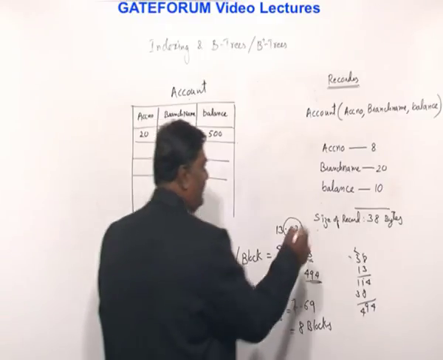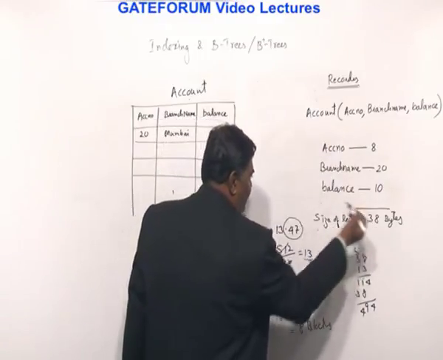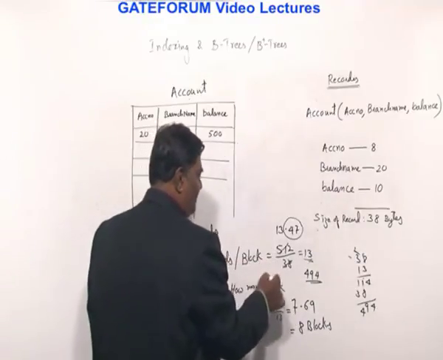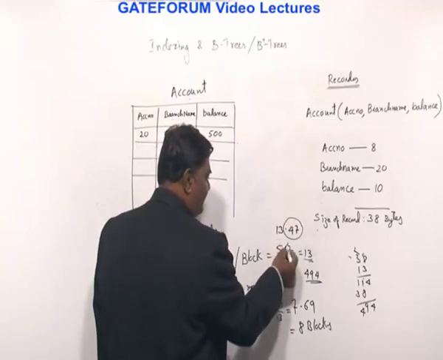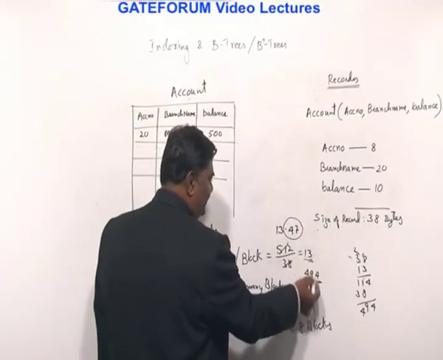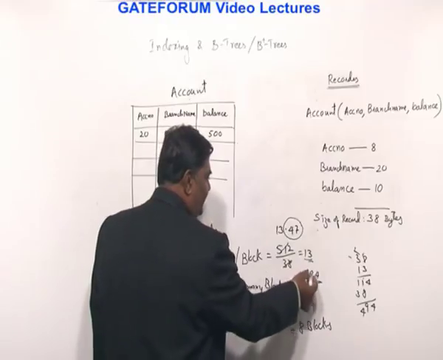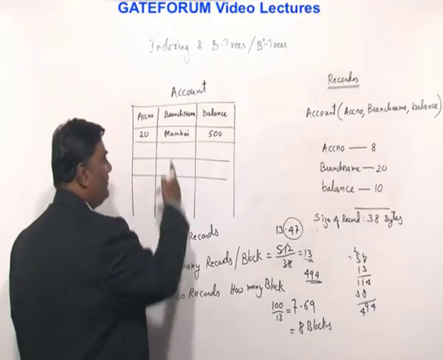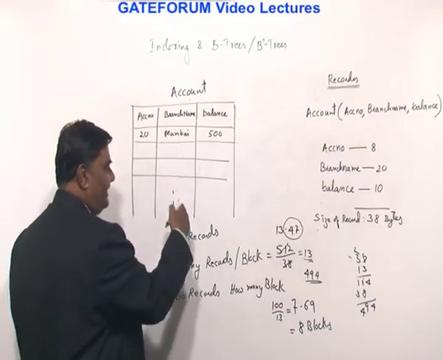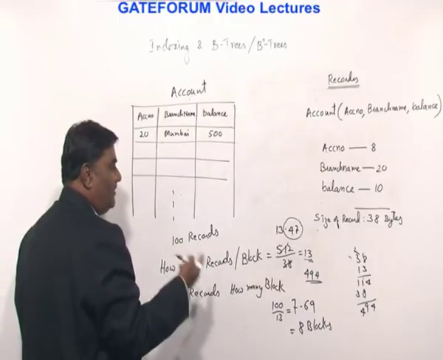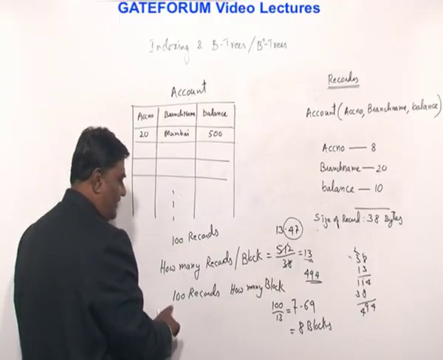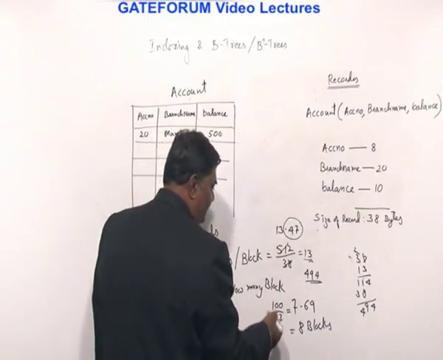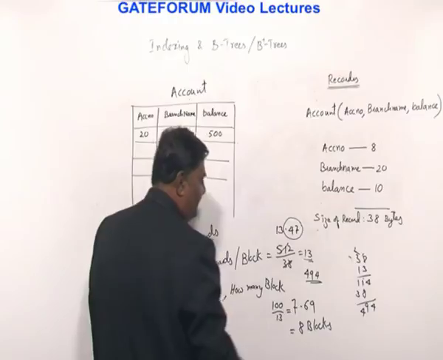So let us repeat once again. The size of the record is so and so. First we found out how many records can be stored per block. So 512 by 38 gives us 13. So 13 records can be stored per block. Then for storing 100 records of this particular table, how many blocks are required? 100 divided by 13 gives 8 blocks.